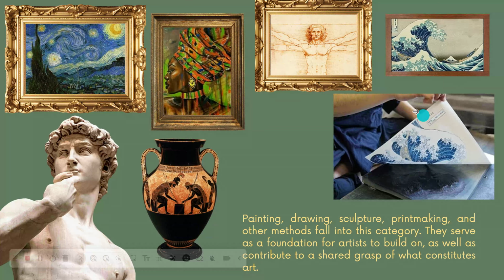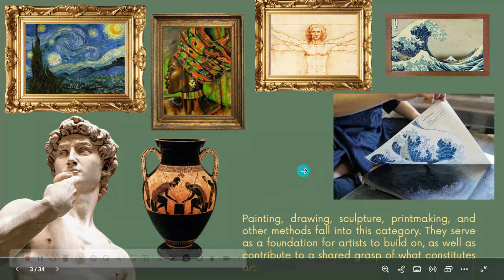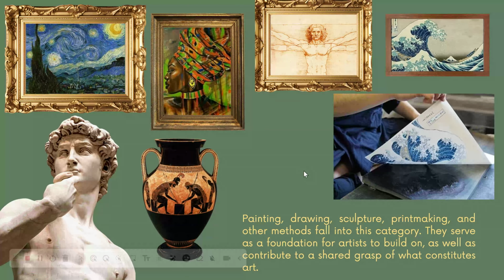So this picture here is a picture of the woodblock print of Hokusai's The Great Wave. And this is the artwork itself. You should be familiar with this one. So what I have here is painting, drawing, sculpture, printmaking, and other methods fall into this category. They serve as a foundation for artists to build on, as well as contribute to a shared grasp of what constitutes art.